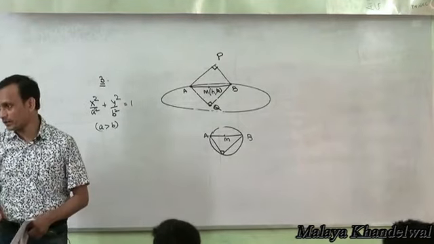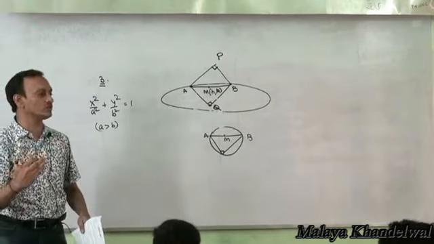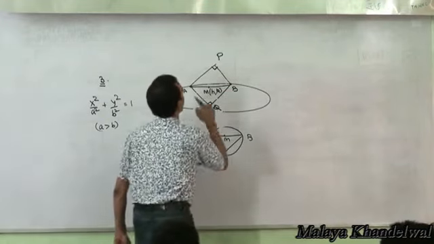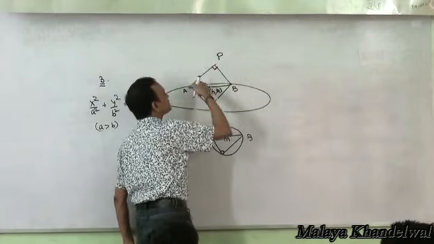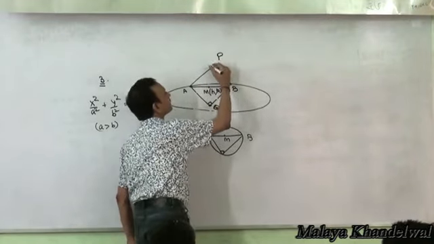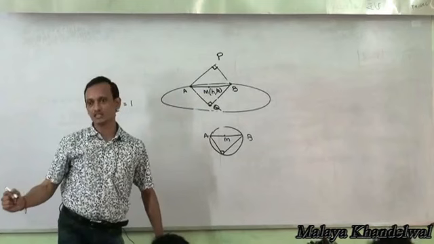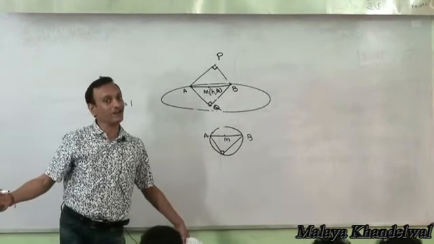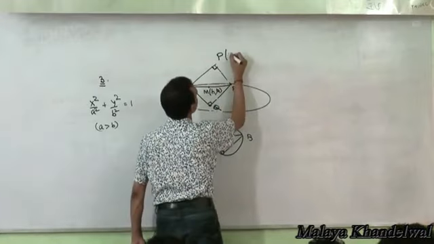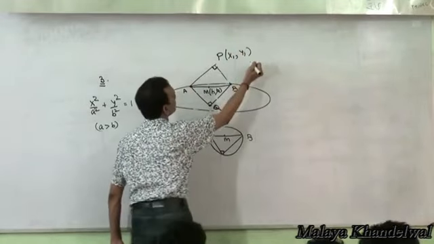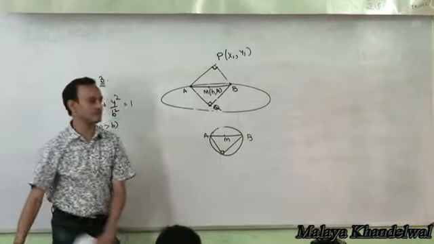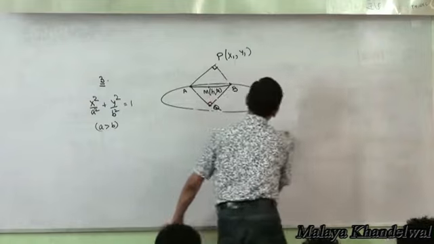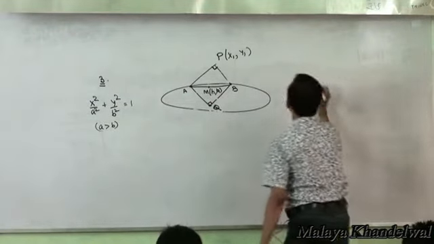If the normals are perpendicular to each other, then lines perpendicular to each of them will be perpendicular to each other. Yes or no? So the tangents at A and B intersect at P such that angle APB is 90 degrees. Therefore, P must lie on the director circle. Suppose P is (x1, y1). Now, the equation of AB can be written in two ways.